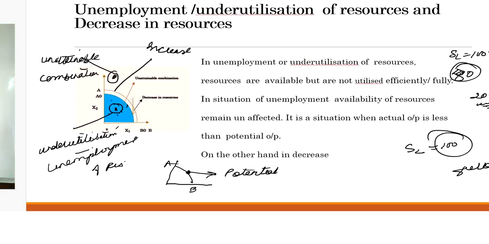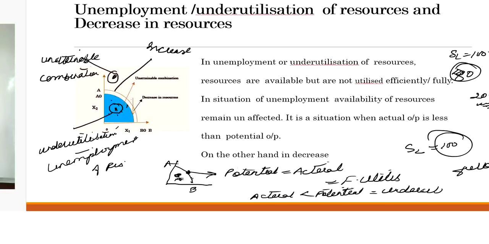And now actual: fuller utilization indicates that your actual production is equal to potential. But actual may be equal to potential or less than potential. If actual is less than potential, you are producing here, actual is less than potential, that is the situation of underutilization.